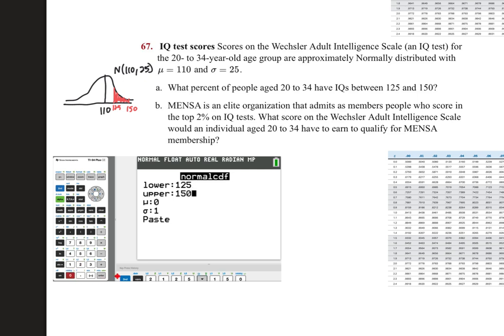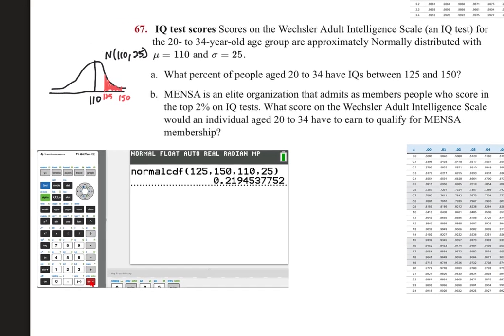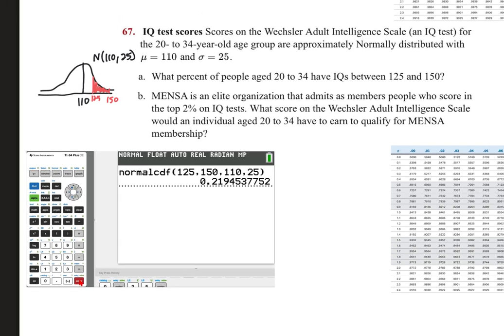And then we'll put in our mean and standard deviation. So for A, we'll say 21.95%.